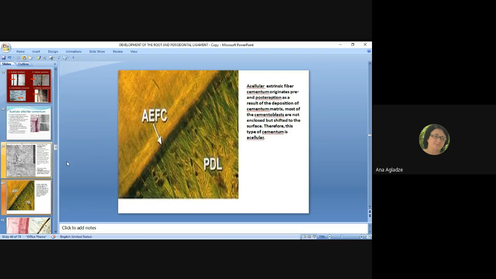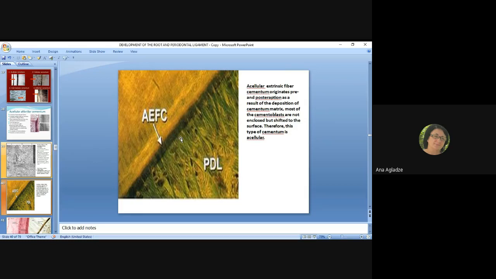This type of cementum appears transparent and structureless in non-decalcified ground sections viewed under the light microscope. The fiber structure only becomes visible when a ground section is etched, or when a fracture specimen is viewed under the scanning electron microscope. Here you can see acellular extrinsic fibers. This cementum originates pre- and post-eruptively as a result of the deposition of cementum matrix.